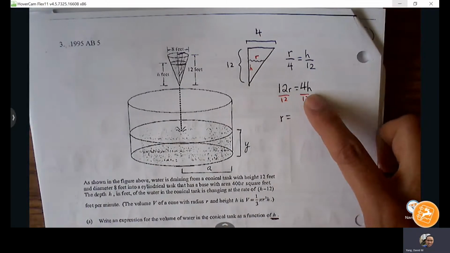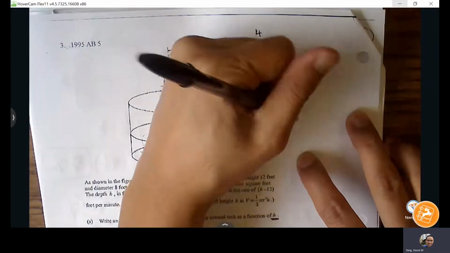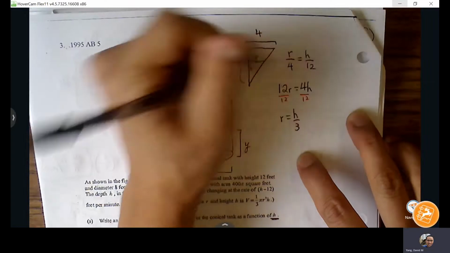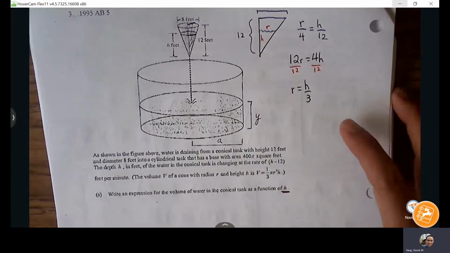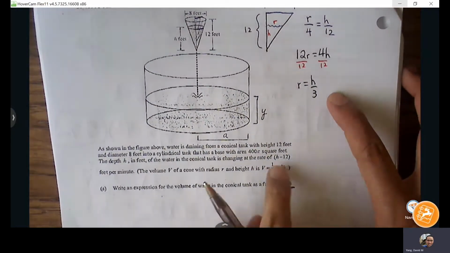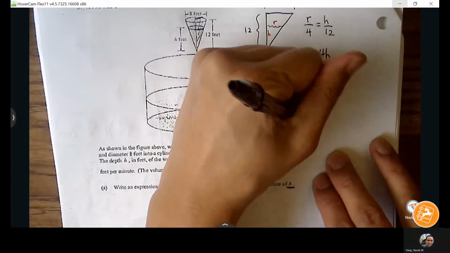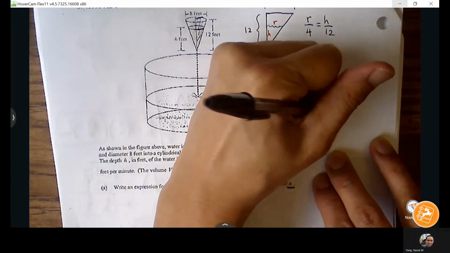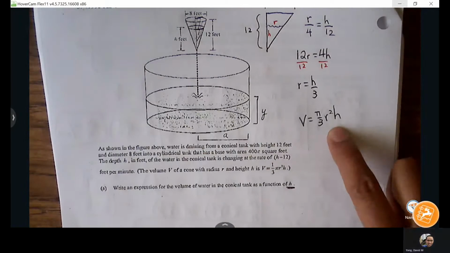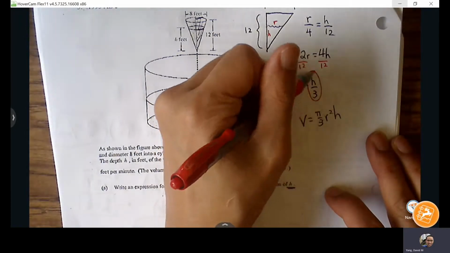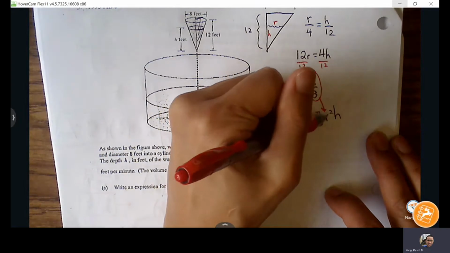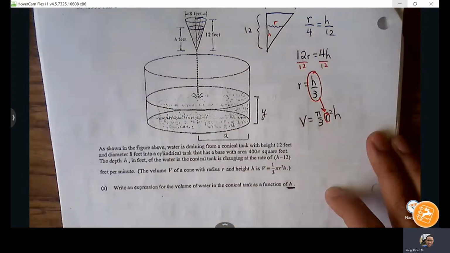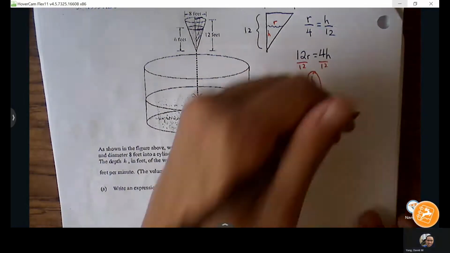Four over 12 reduces to 1/3, so r equals h over 3. Okay, so I'm going to take that and insert it into my volume equation. In terms of h, that means I want this h over 3 to go into the r variable.